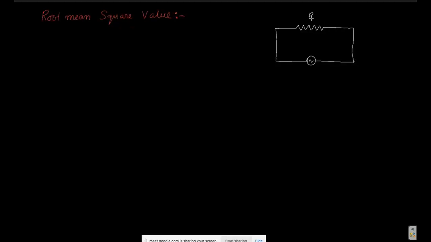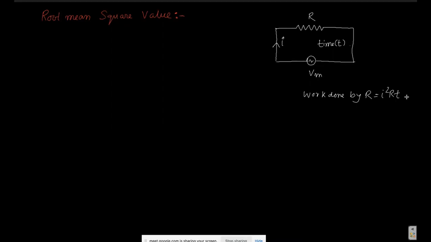So this is R, and this is the V, Vm, whatever it is. For that, current I is flowing through this resistance, and if T is the time for which I is flowing through R, then the heat generated by R is what? I square RT, is it?